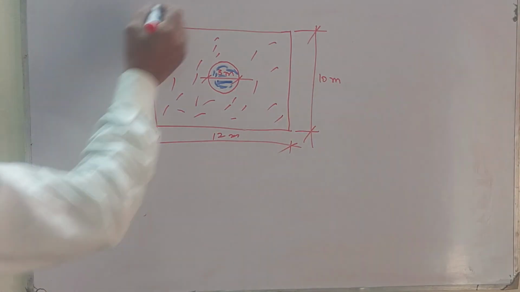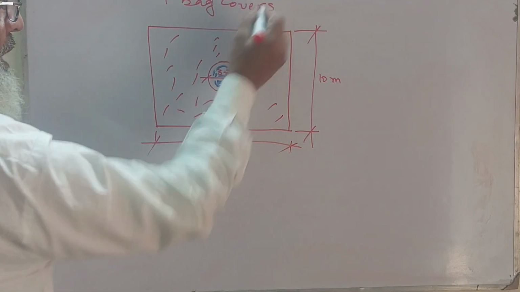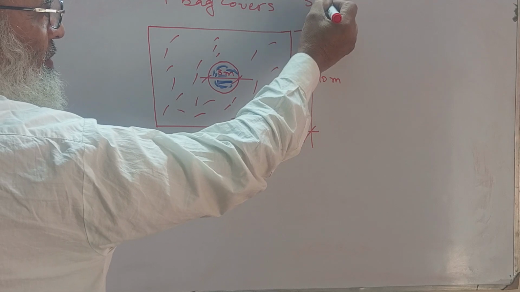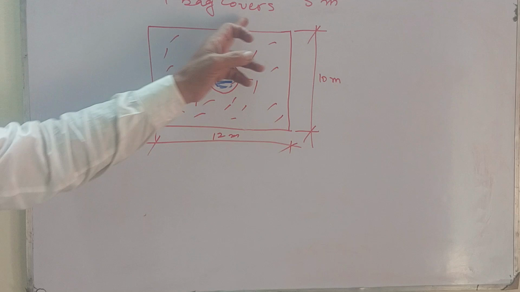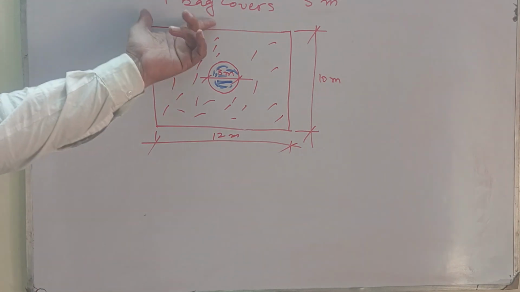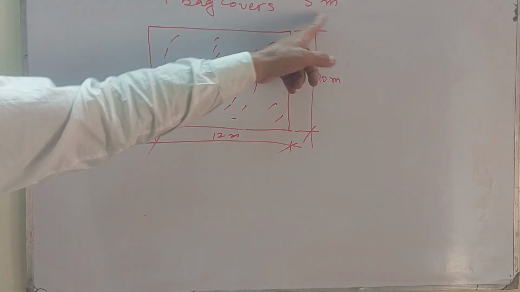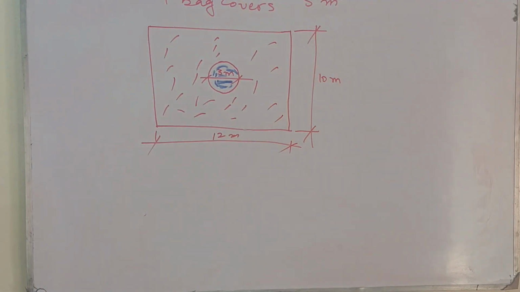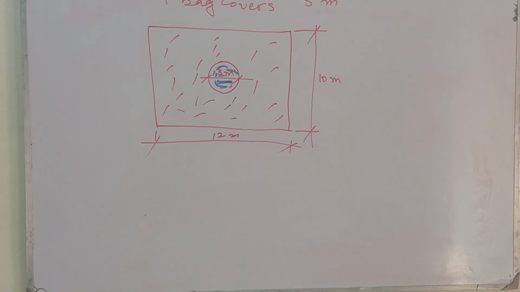And of course, it has been asked how many grass seed bags we need. One bag covers 5 square meters, and we have to find how many bags we need to plant here excluding this pond.